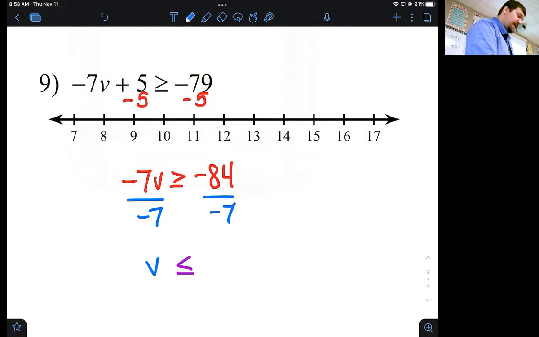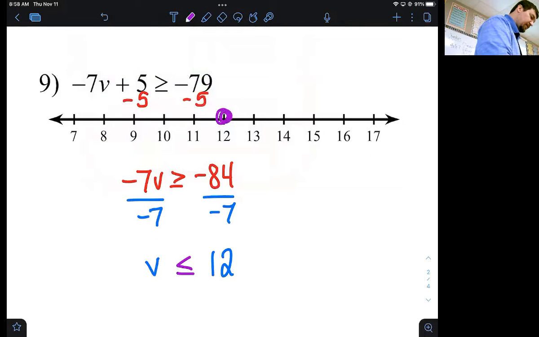It is 12. Unless I know my 7's up that far, which Maddie does, you could use a calculator, but I wouldn't type in negative 84 and then divide by negative 7, because you should know that 2 negatives make a positive, so you just have to type in 84 divided by 7. Okay. Open or closed circle?